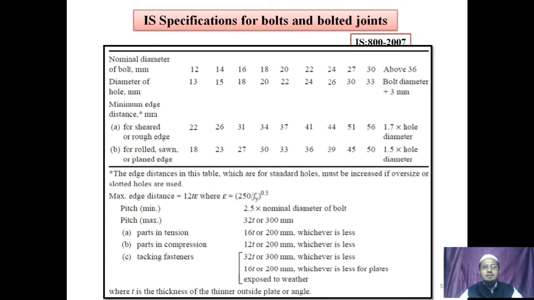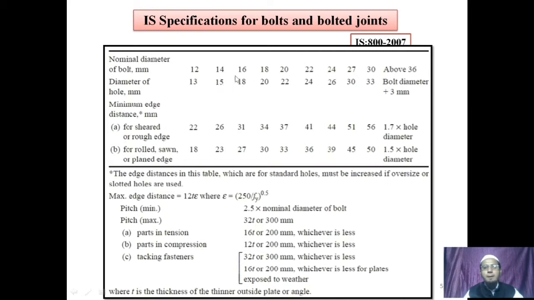As we were discussing diameter of bolt holes, pitch distance and gauge distance, this is a table showing the IS 800:2007 recommendations for different diameters of bolt holes for different nominal diameters of bolts. For 12 mm diameter, the diameter of bolt hole should be 13 mm, meaning nominal diameter plus 1 mm. Similarly for 14 mm also nominal diameter plus 1 mm, that is, the diameter of hole will be 15 mm.